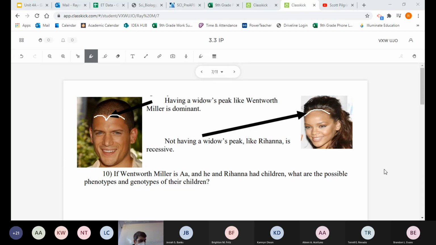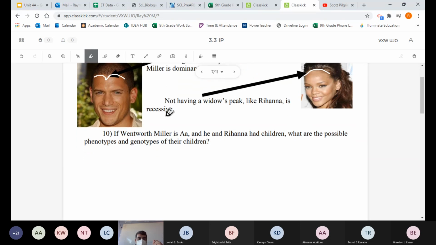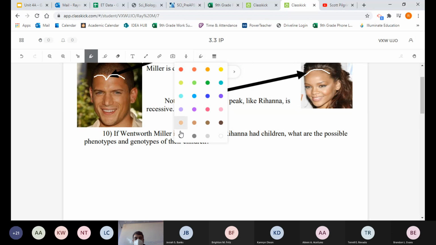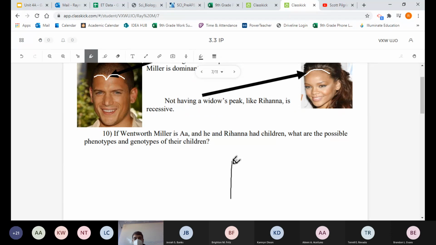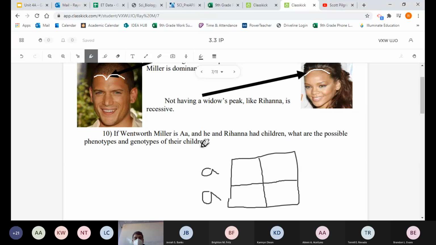Okay. So let's go ahead with this one. This one's pretty simple. So we got our square. Let me make it black again. We know that widow's peaks are dominant and no widow's peak is recessive. So we got Rihanna over here. We're going to go with little a for Rihanna.